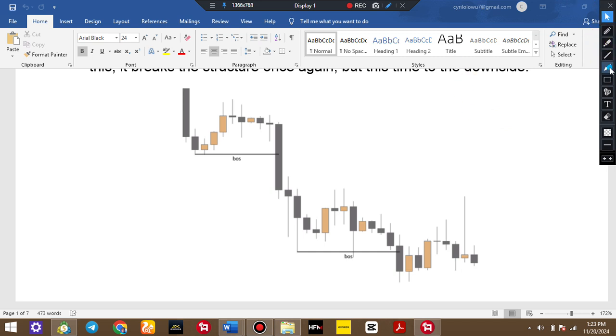That means price is breaking through all the way down. This was the first one, then this was the second one. Now, when you are talking about break of structure, we are looking at either the high or the low that led to that break of structure. In this case, this is the high. This was the highest point price got to before we have this break.